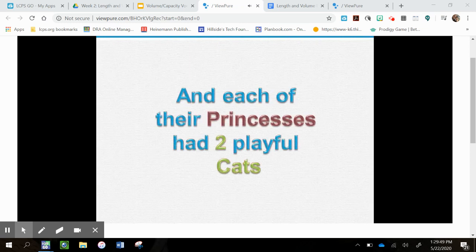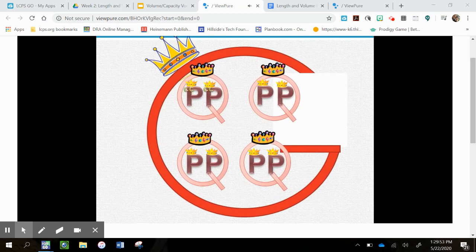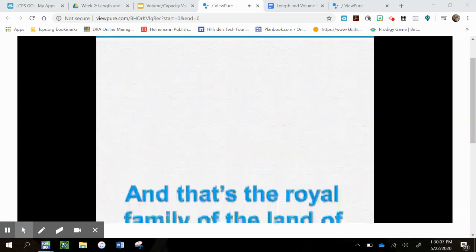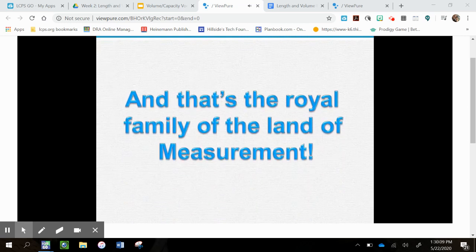Each of his successors had 2 beautiful princesses. And that's the royal family of the land of measurement.